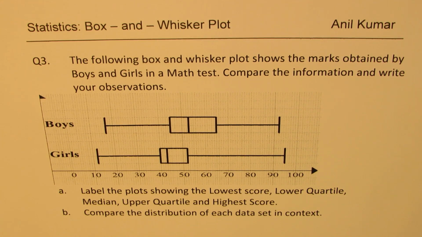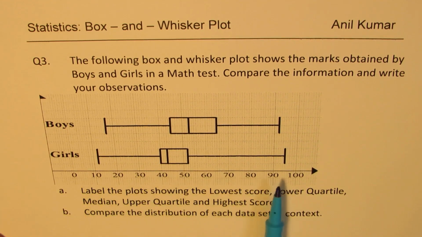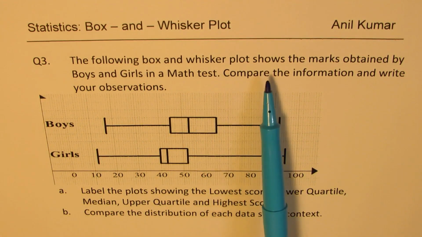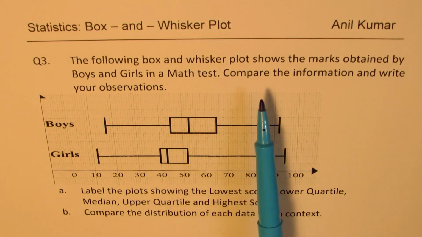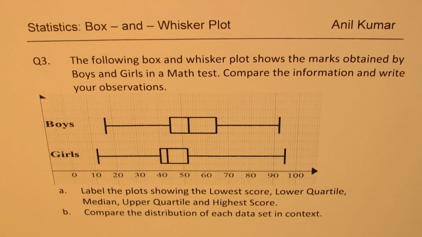So whenever we are comparing box and whisker, we have to plot them on the same scale, right? So that has been done already for you. So let's read the question once again. The following box and whisker plot shows the marks obtained by boys and girls in a math test. Compare the information and write your observations.